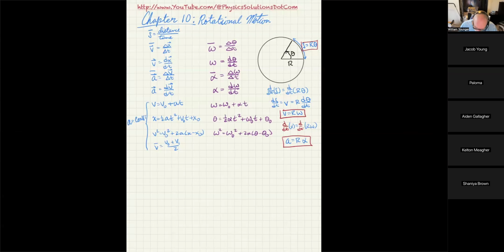Now, we do have a rotational analog to mass, and in fact, we'll have m equals mass. In this case, it's going to become I equals moment of inertia. That's what we call it in physics.